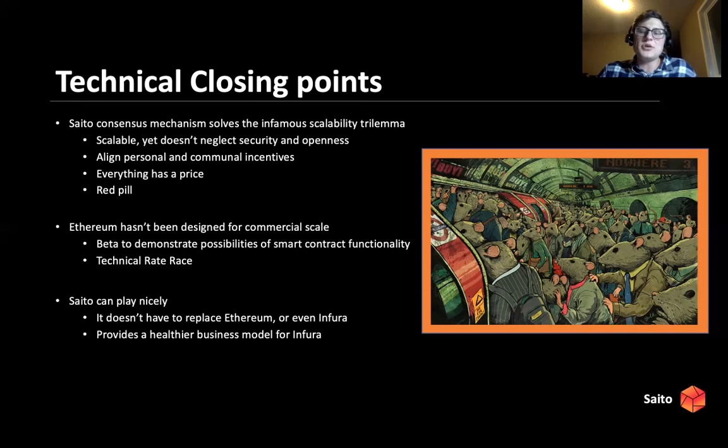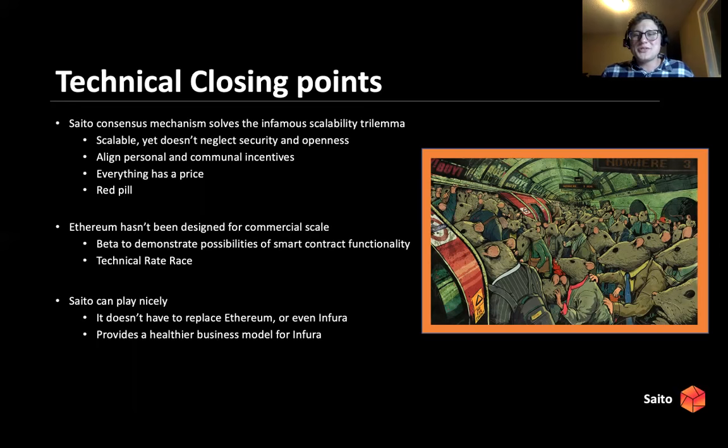And Saito was able to do this by aligning the personal and the communal incentives. So now what is good for the greater good is actually best for myself too. And Saito did this by assigning a price to every activity that's required to keep this blockchain operational.